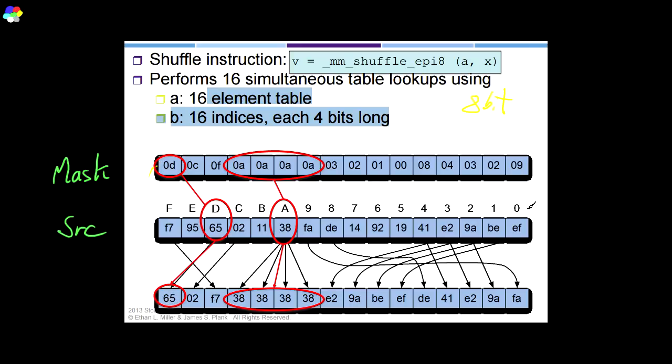Position 0 of the mask determines what goes in position 0 in the destination. Position 0 in the mask says 9, so we look at position 9 in the source, FA. That's what goes in the destination. The top position of the mask says 0D. We look at D, it's a 65, and we put a 65 in here. These ones all say 0A, so in these positions we take the value from 0A and broadcast it in.